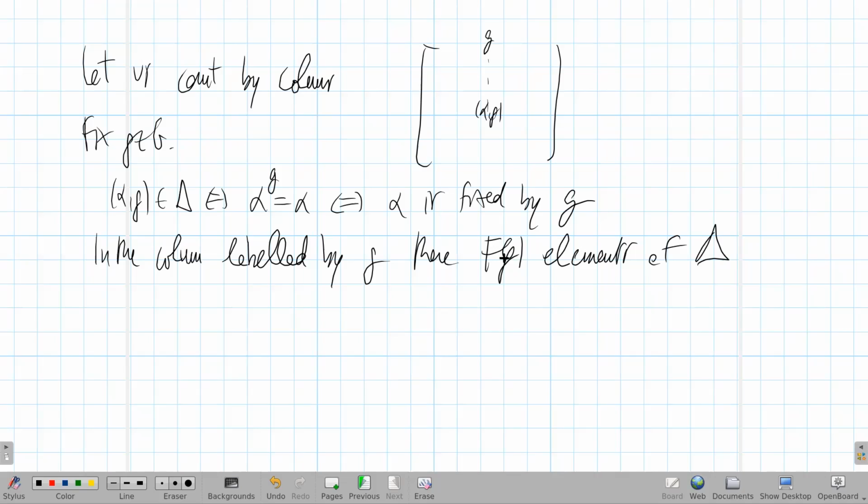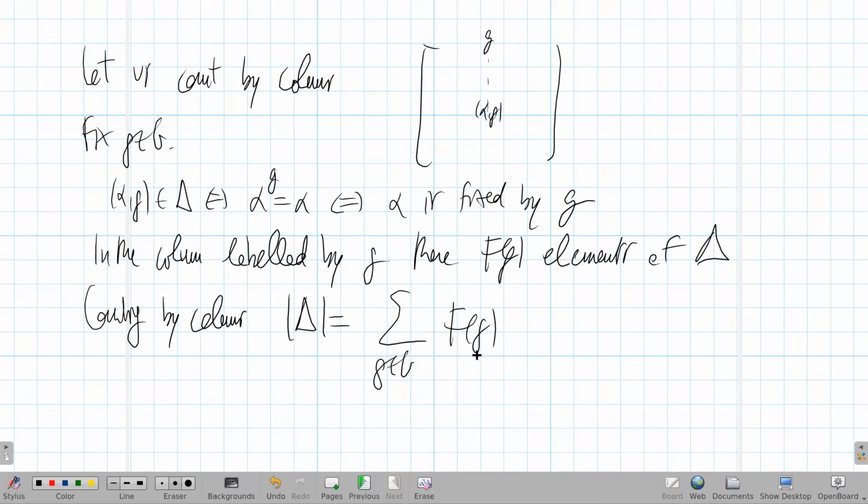And so counted by columns, we get the order of delta is the sum for g in G, because we are running over the columns, of f of g. And we had found in the previous calculation, counting by row, that the order of delta equals k times |G|.